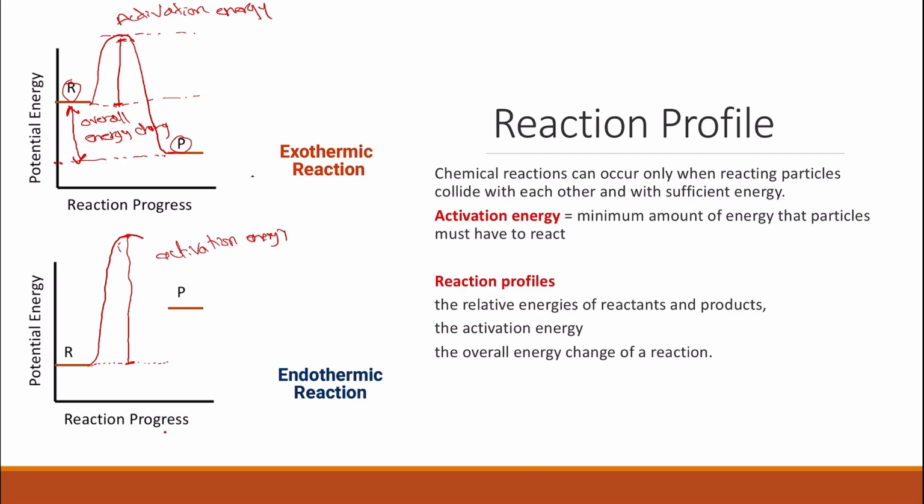And then once the reaction starts, the energy will fall until we reach the overall energy of the products. And the difference in the energy between reactants and products, this difference here is called the overall energy change.